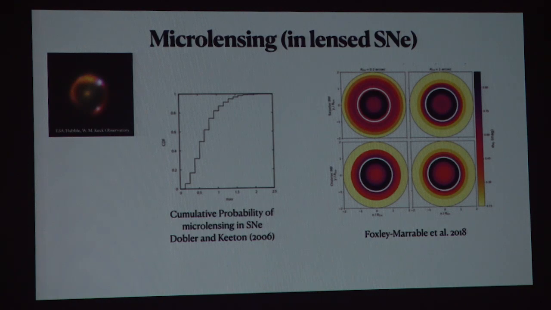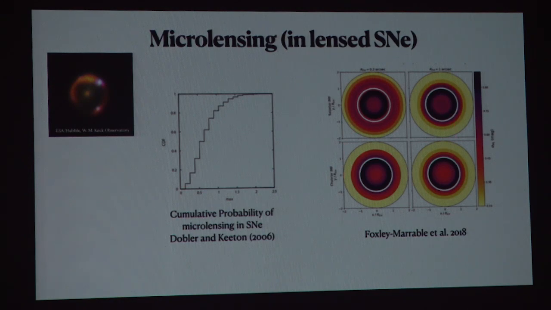From this study of lensed supernovae, it has been identified that the probability for microlensing to occur is very high, and we expect to see moderate to significant deviations in the magnitude, or in the fluxes, of these lensed supernovae.